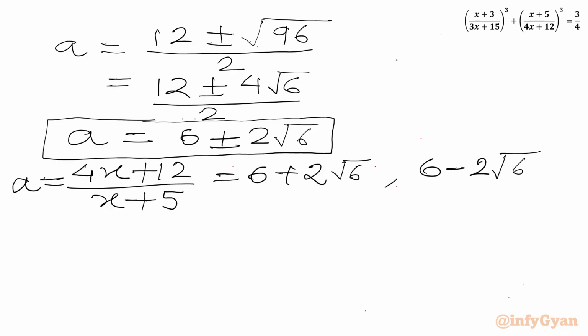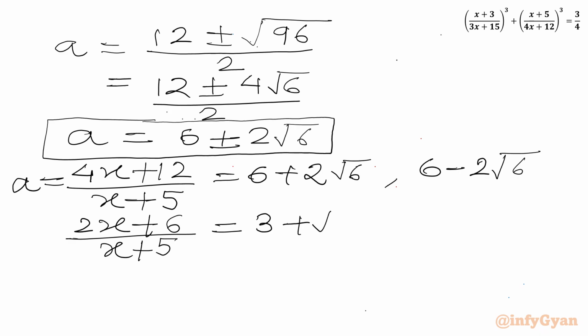Now I can divide this equation by 2. So let us divide. I will write 2x plus 6 over x plus 5. This will be equal to 3 plus root 6 and I will write here 3 minus root 6.